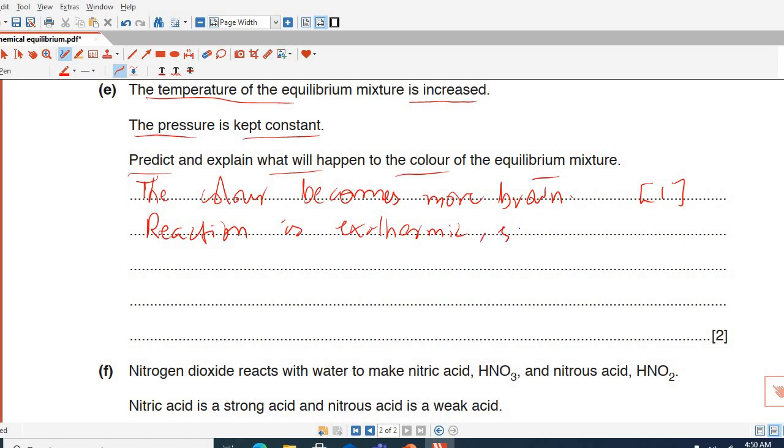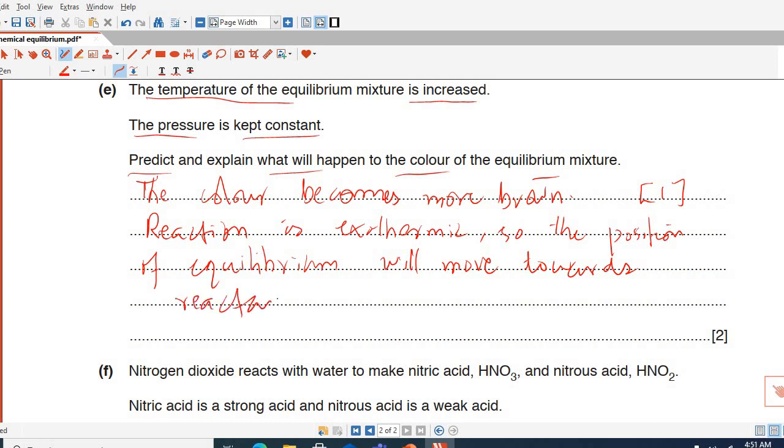So the position of equilibrium will move towards reactant side, and the reactant is same, and so in this way you will get 1 mark also.